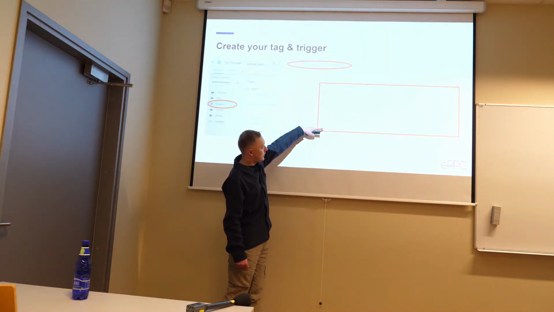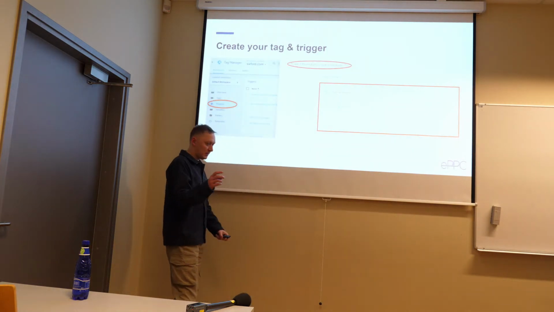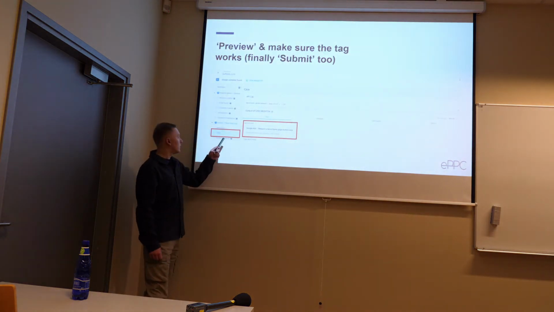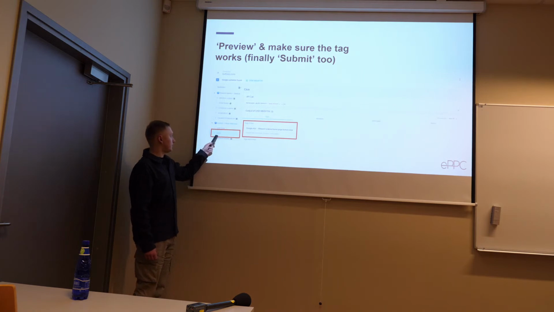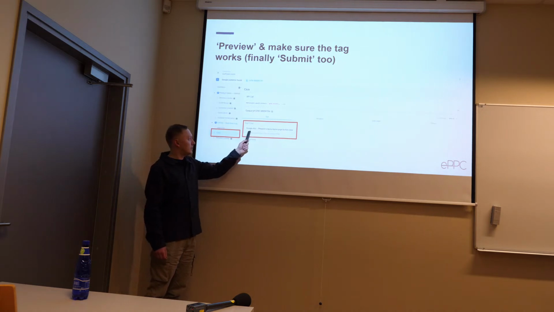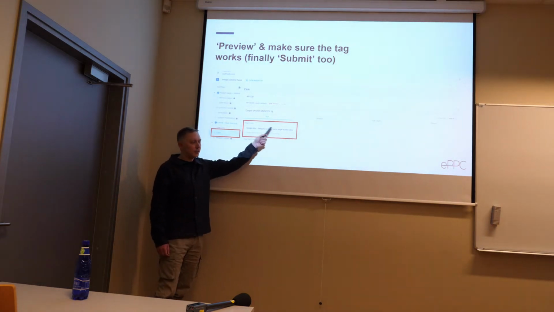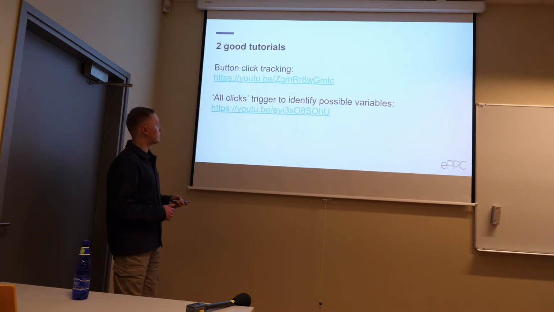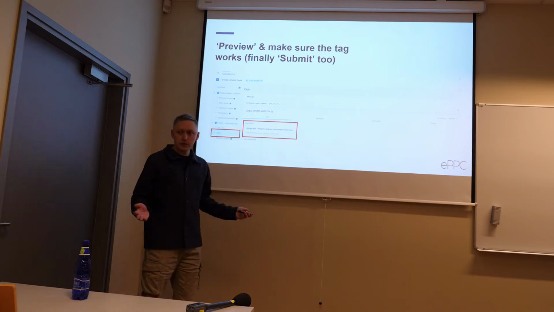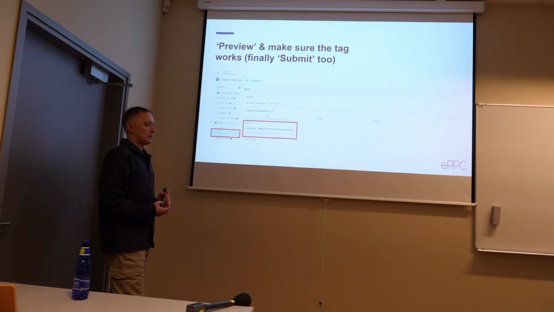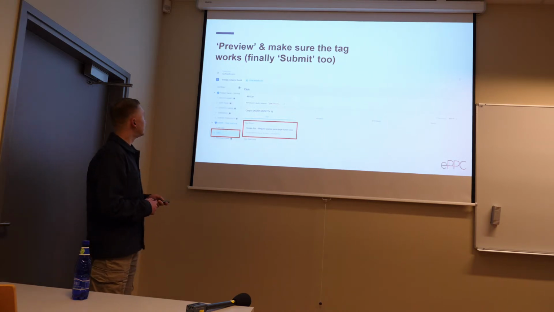You put these here, click save, click preview, and in the preview you see the click. You move to the tags column here, and then you see that your newly created tag is working, and it's sending it to Google Ads, and then you can publish your conversion, and then you are done, and the algorithms can start optimizing towards these conversions.